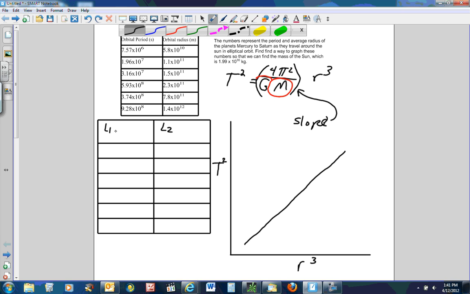and then I'm going to cube, math 3, all of the radii. So this is going to be r cubed, which is meters cubed. This is going to be t squared, which is seconds squared. And these are all seconds. This is all meters.